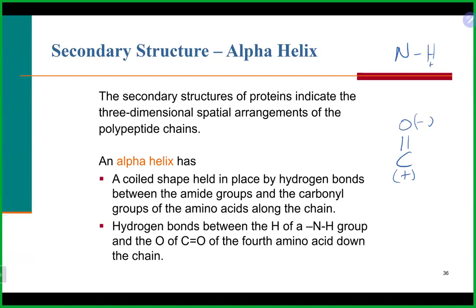We will get that attraction and hydrogen bonding between the hydrogen on the nitrogen and the oxygen on the carbonyl group. And because that is like four amino acids down the chain, that's what's going to cause it to go into that helical or coil type of shape that we associate with an alpha helix.